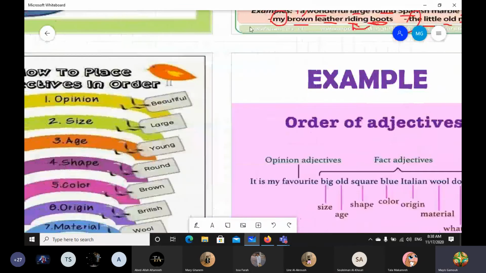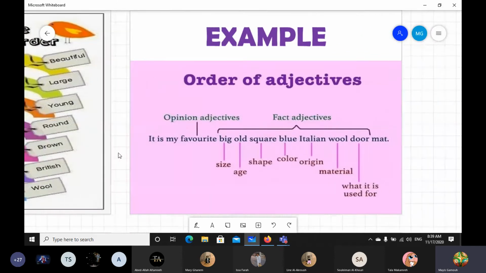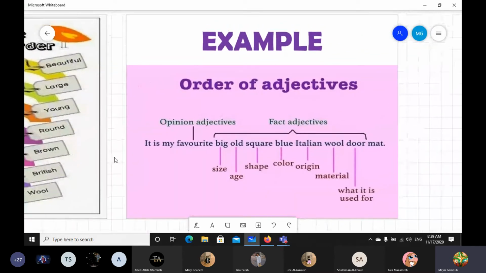Let's go to here. We have also the same slide, but let's take it quick. The opinion, such as beautiful, size, such as large, age, young, shape, round, color, brown, origin, British, and the material, which is wool. Here is an example of a false sentence that has all the order of adjectives.